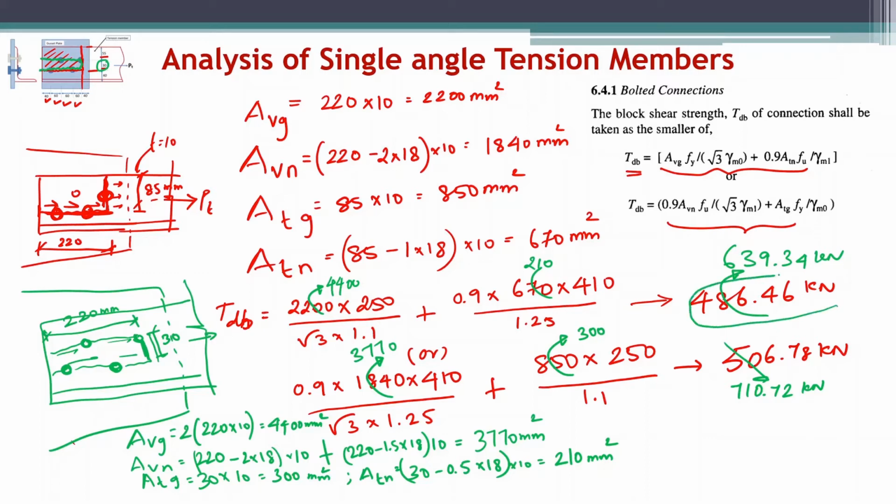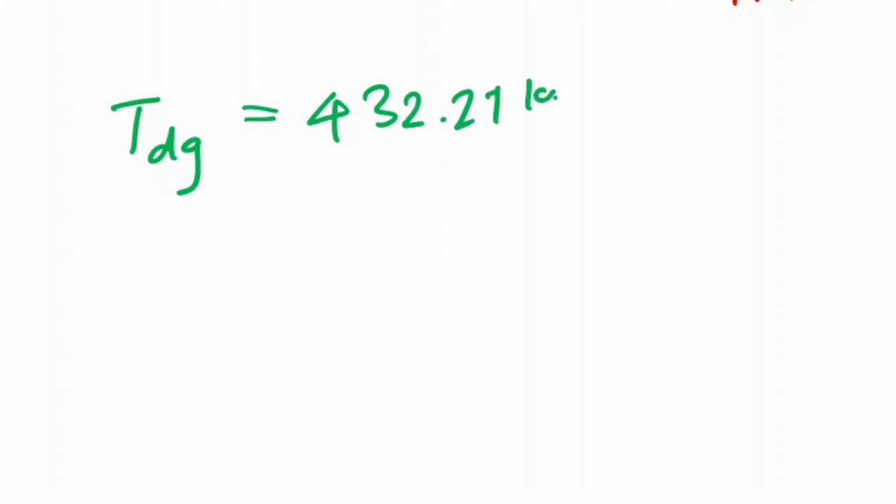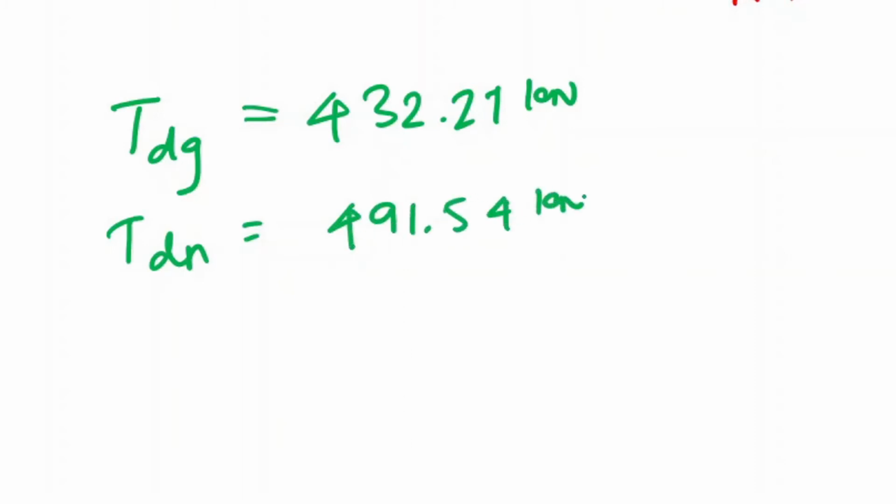Which is 486.46. Now let's write all the values. The gross yielding strength of the given tension member is 432.27 kilonewton. The rupture strength of the given angle tension member is 491.54 kilonewton.